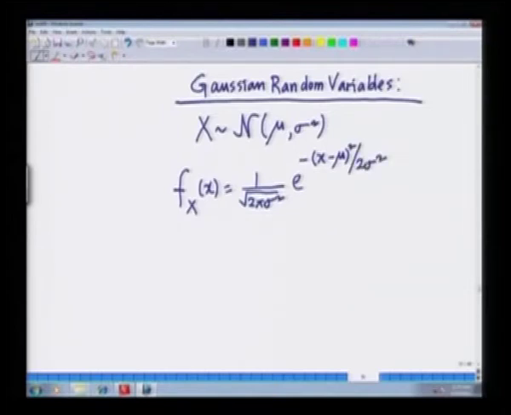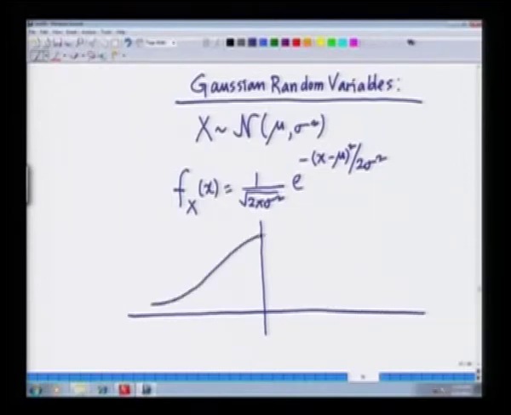That is the probability density function of a Gaussian random variable. All right, and this has a shape that looks as follows. Let me draw the approximate shape.